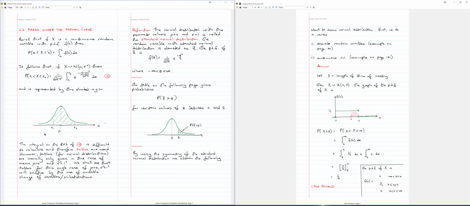So what we will eventually get to is you want to calculate the probability of your normal distribution lying between two values in an interval like this, and that corresponds to the shaded area over here, which is standard theory for a continuous random variable.